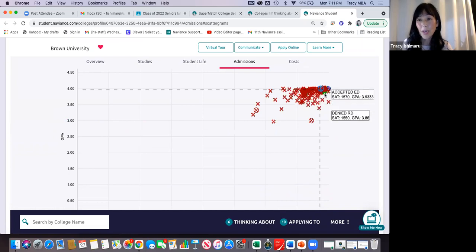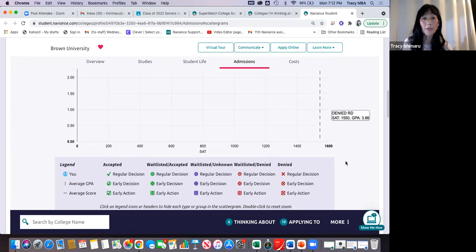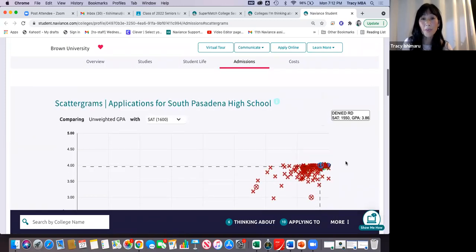You can see one green over here. That student was accepted. You see another green right underneath here. It's really hard because they're all kind of mashed together. So it can tell you whether they applied regular decision, early decision, or early action, and how they fared with our school.